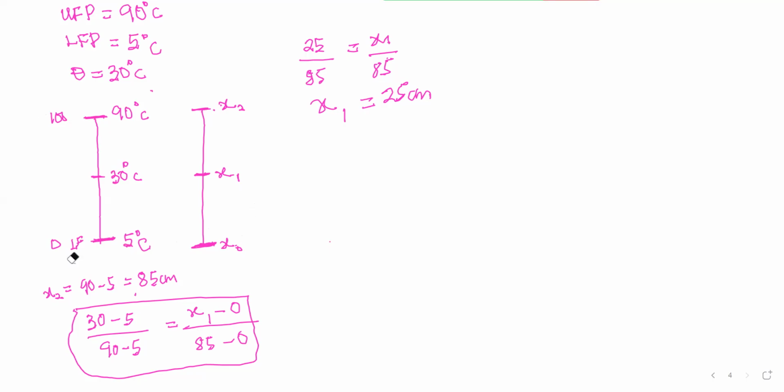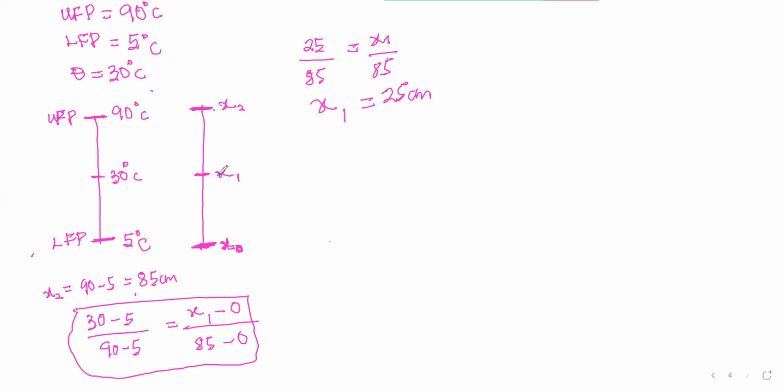Okay, so let me explain it again. Our lower fixed point temperature is 5 degrees. Upper fixed point temperature is 90. Meaning at 5 degrees Celsius, the length of the mercury is x naught. At 90 degrees Celsius, the length of the mercury above the lower fixed point is x2.